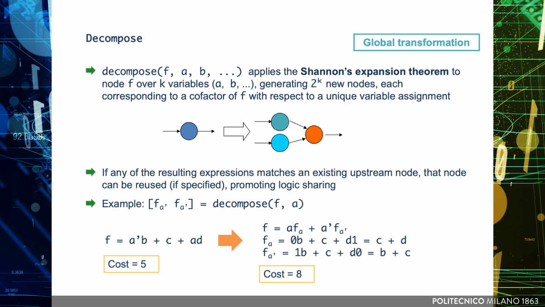The expressions f sub a and f sub not a are derived by substituting values in the original expression of f. F sub a is obtained by setting a to 1 and not a to 0. F sub not a is obtained by setting not a to 1 and a to 0. As expected, the total cost increases, reaching 8 literals in this example.